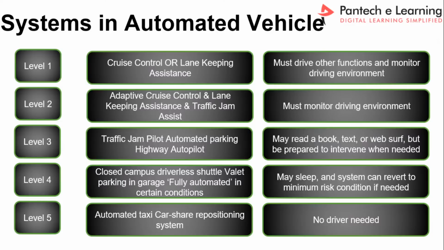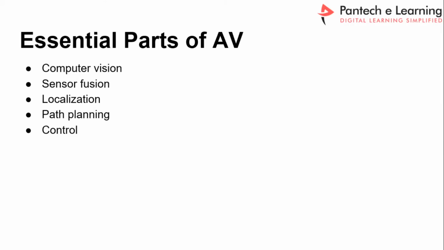That's why we are calling this vehicle an automated vehicle. It's called a software-defined vehicle, or else we can call it a computer on wheels. Right. So now, what are all the essential parts to build the automated vehicle system?